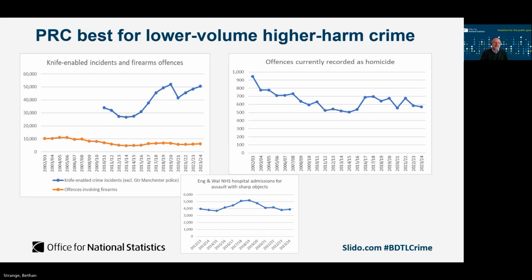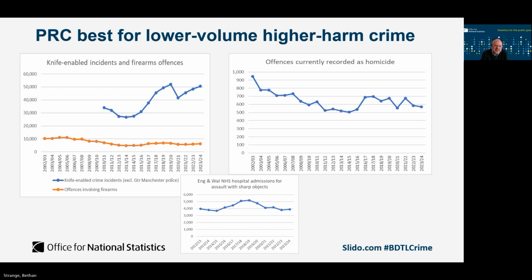And another one that gets a lot of traction is knife-enabled crime and also firearms offences. So the blue line is knife-enabled crime incidents. This is actually now calculated by looking at what's written on crime reports and looking for text and picking out where knives and sharp instruments are mentioned for serious types of crimes.